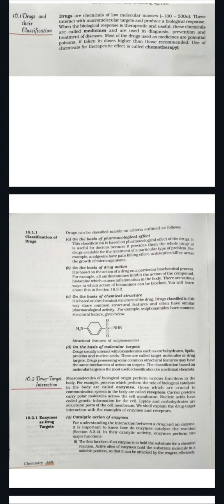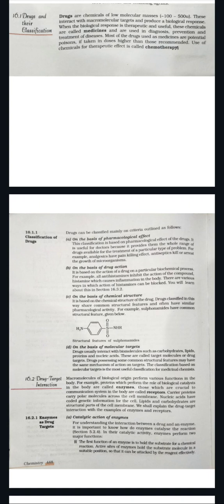On the basis of drug action, it is based on the action of the drug on a particular biochemical process. For example, all antihistamines inhibit the action of the compound histamine, which causes inflammation in the body. There are various ways in which the action of histamine can be blocked. You will learn about this later.